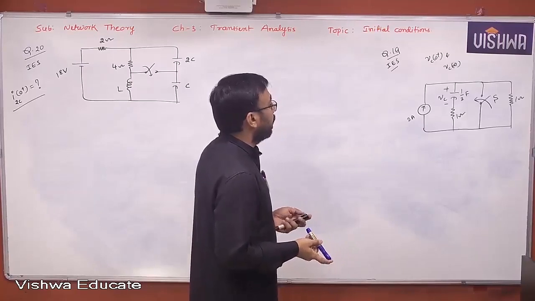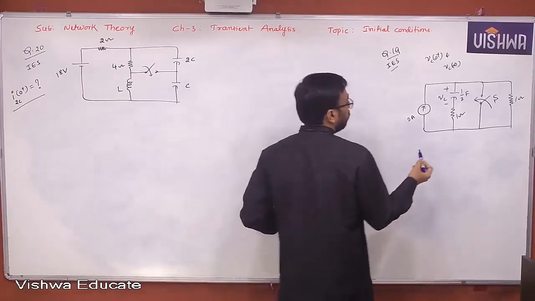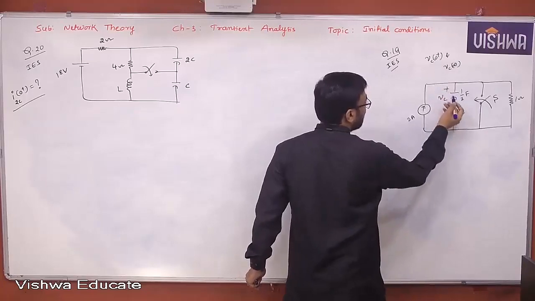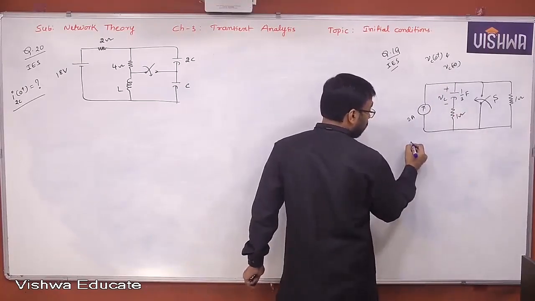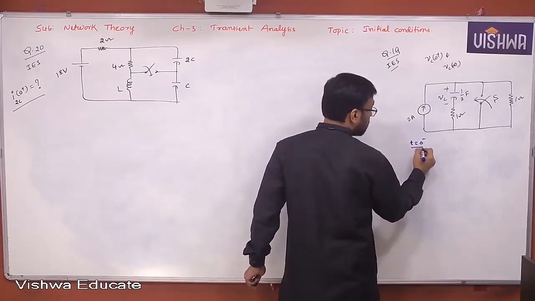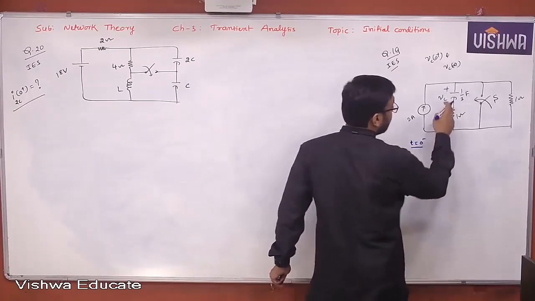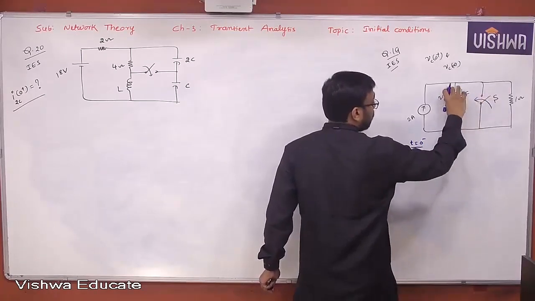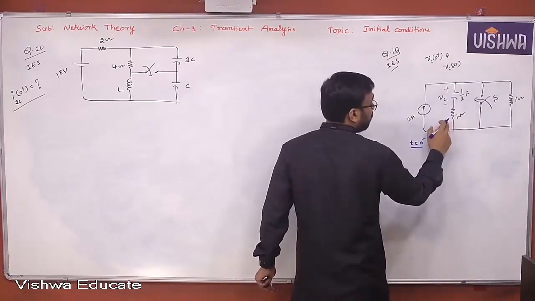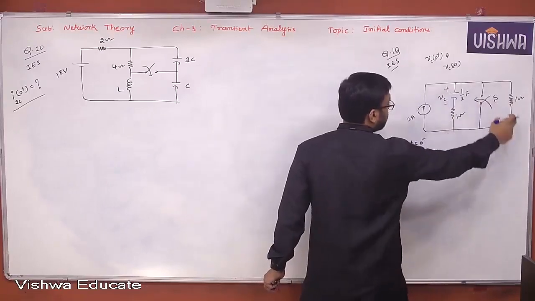Okay. Now, I think you got this answer, right? VC of 0 plus is asked, the voltage across the capacitor at T equal to 0 plus. I think in the first step itself you will get the answer. Yes or no, all of you? At T equal to 0 minus you construct first. What is the voltage across the capacitor at T equal to 0 minus? The switch is open. Okay. This is open. The resistor is isolated. The entire current is passing through this.